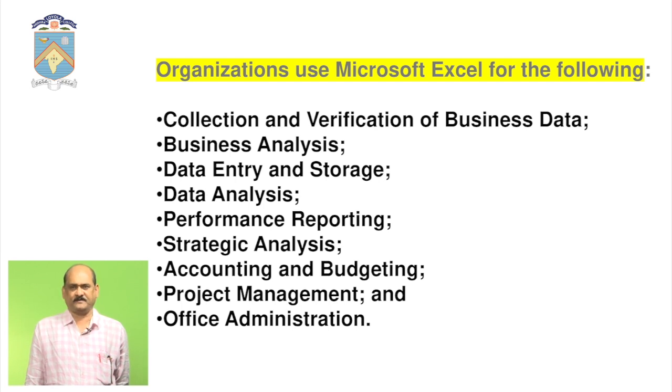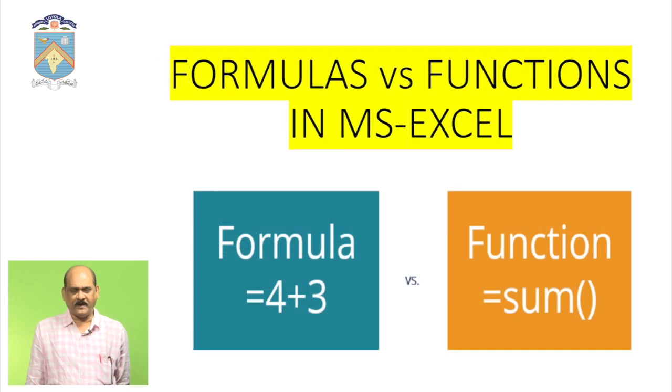But the entire story of Excel revolves around the formulas and functions, and these seem to be the same. Almost all users find the formulas and functions to be one and the same, but there is a difference between the formulas used and the functions used in MS Excel.